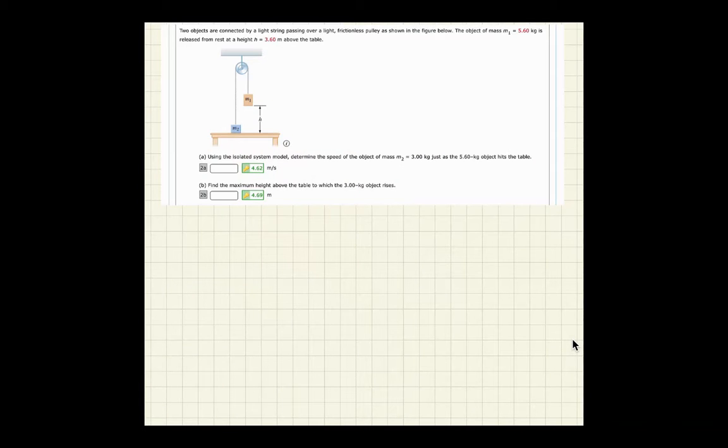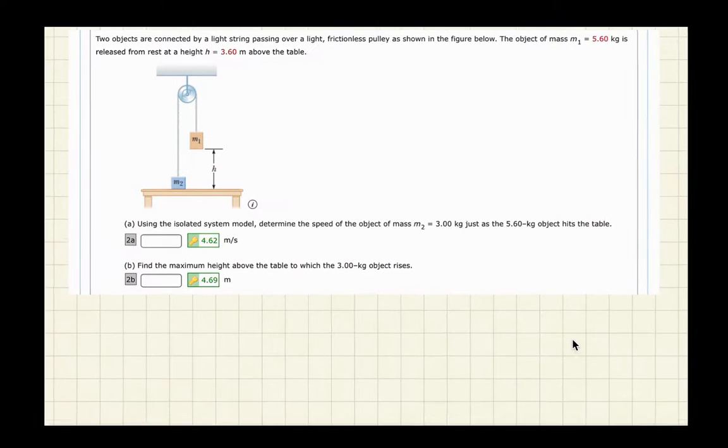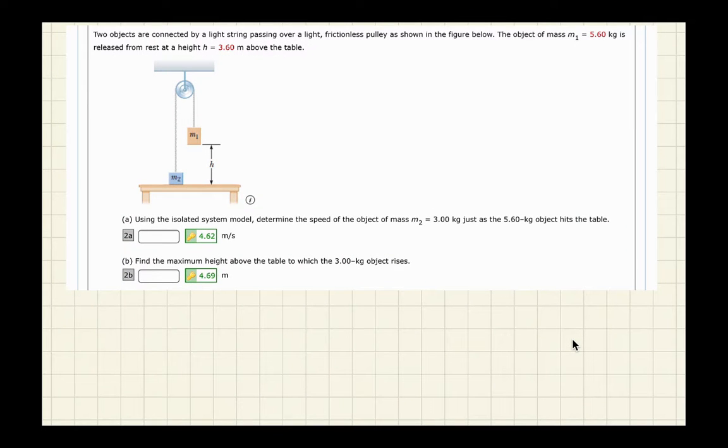Moving on to the second problem, I'm happy about this because I already have a diagram drawn. So again, let's start off with reading the problem and knowing our givens. Two objects are connected by a light string. That means that the string itself has no relevant mass. It passes over a frictionless pulley, so we have no outside forces here.